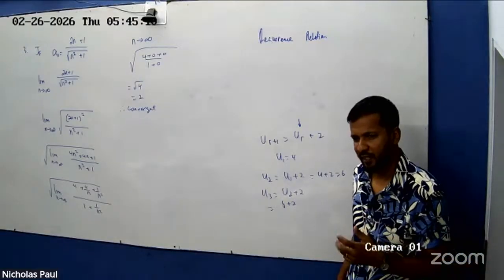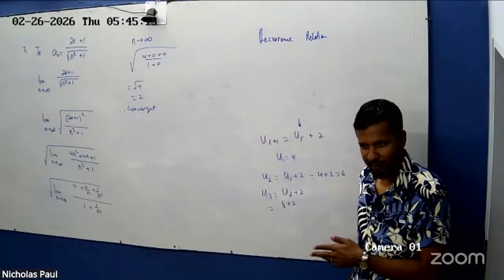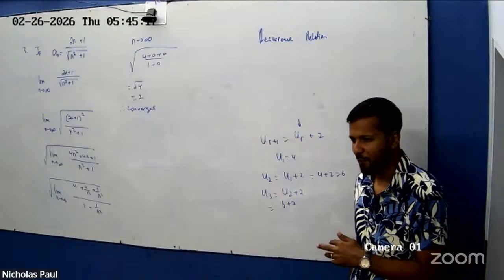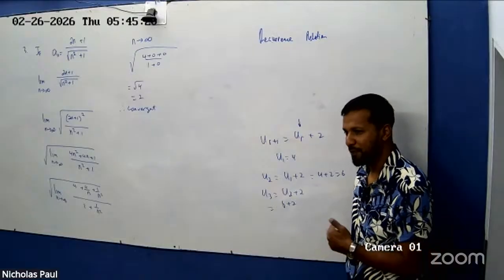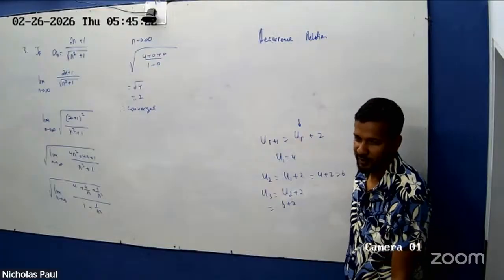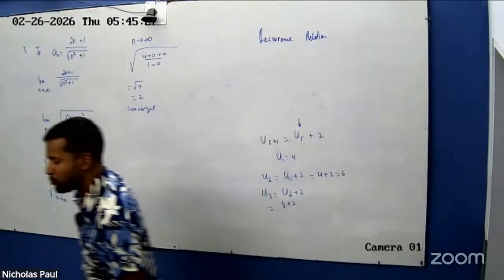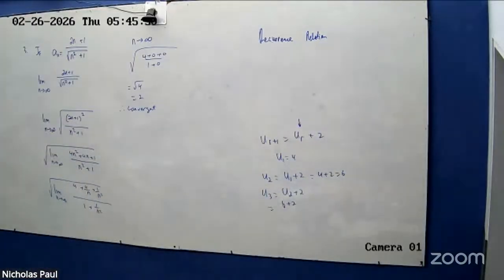Preceding, one before. Sorry, I'm mixing up the words. What did I say again? Sorry. A recurrence relation is one in which a term is dependent on a preceding term. Preceding before, right? Yeah, I'm mixing up the words.